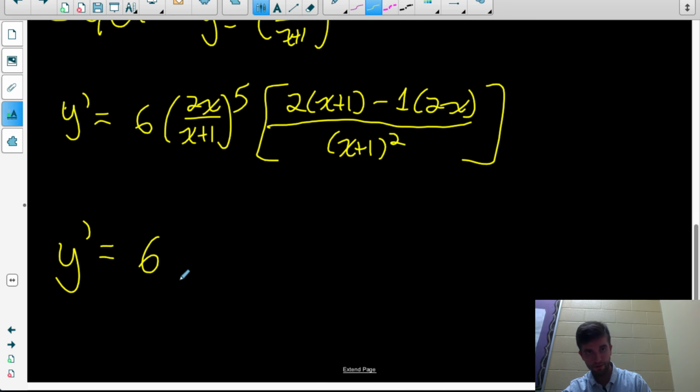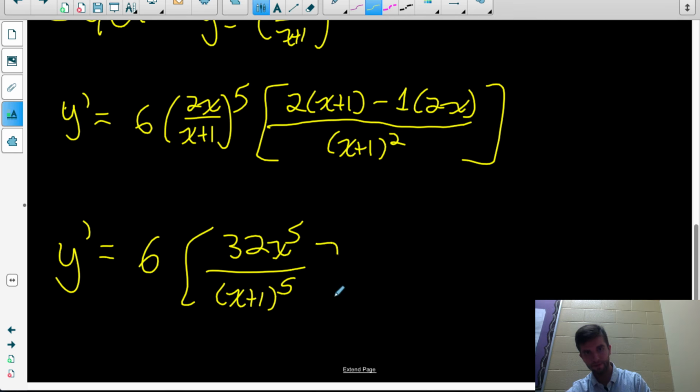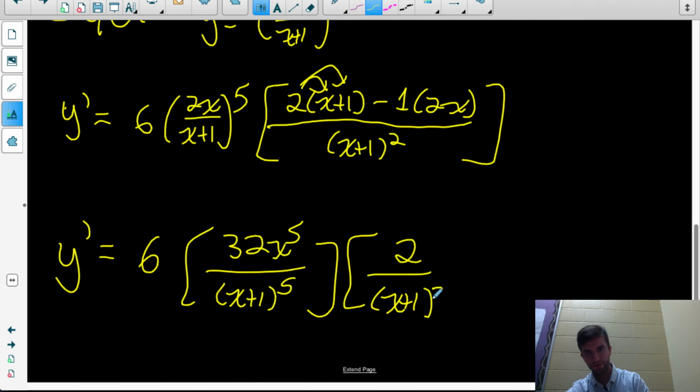So we've got 32 x to the 5, over x plus 1 to the 5. And then the numerator here, I would have 2x plus 2 minus 2x, that's just 2 over x plus 1 squared.